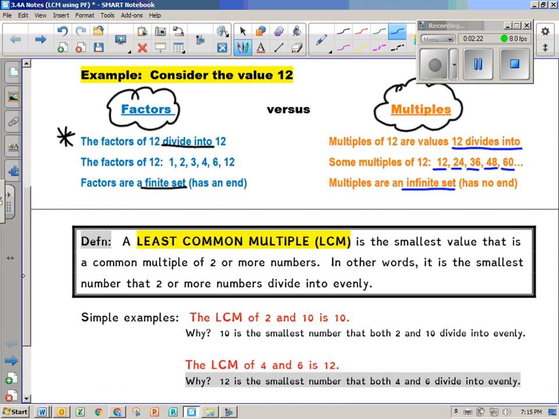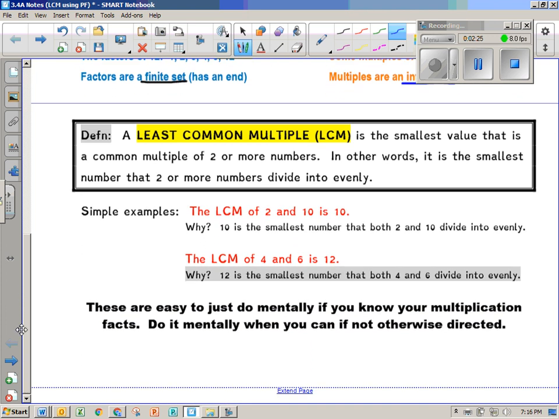While we were interested in finding the greatest common factor, now we're interested in finding the least common multiple. So it's the smallest value that is a common multiple of two or more numbers. In other words, it's just the smallest number that two or more numbers divide into evenly.